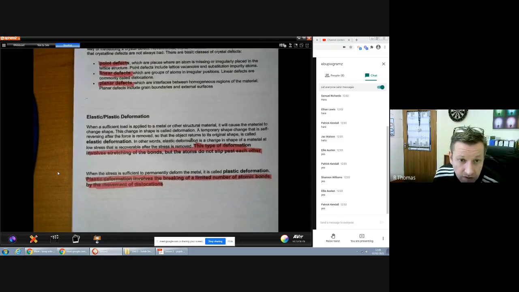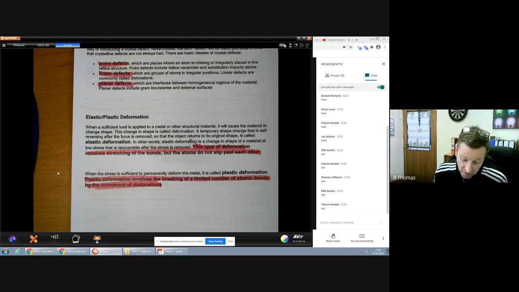And then we talk about deformation, and we've mentioned this now in this topic a few times. So if you apply a load to something, whatever it is, it will stretch. Okay, brittle materials like glass don't stretch very much at all, and we'll find out why in a moment. And they just go straight to breaking point.